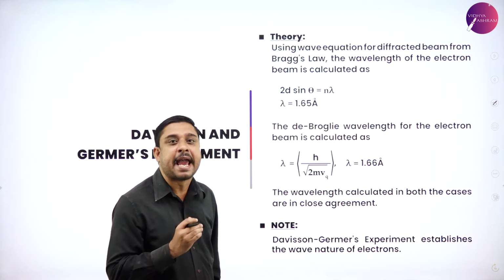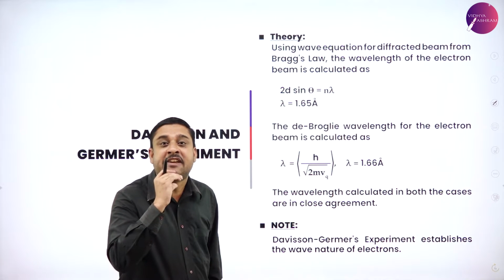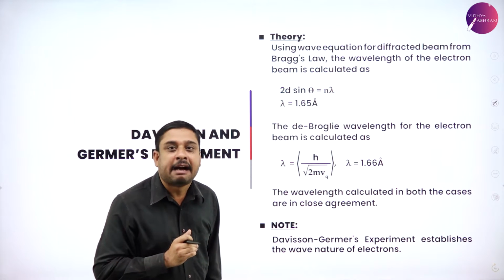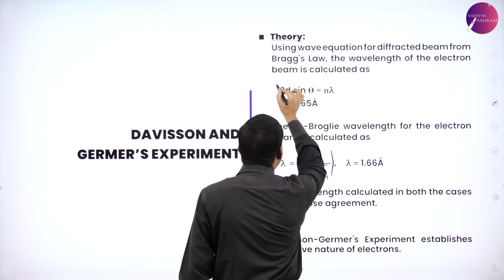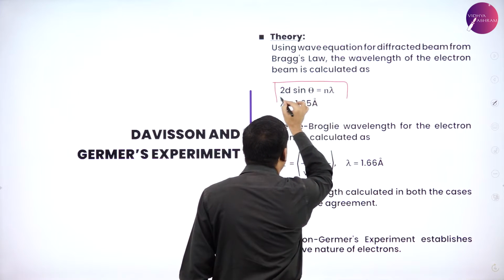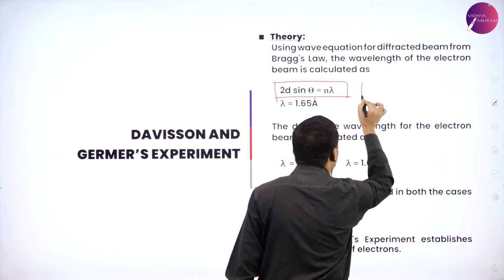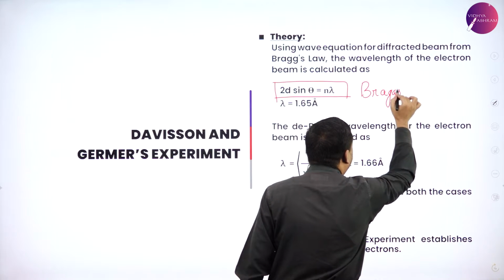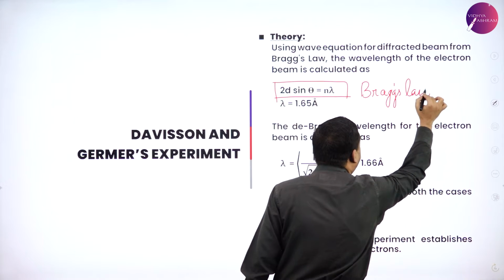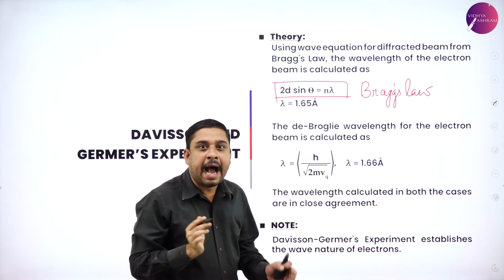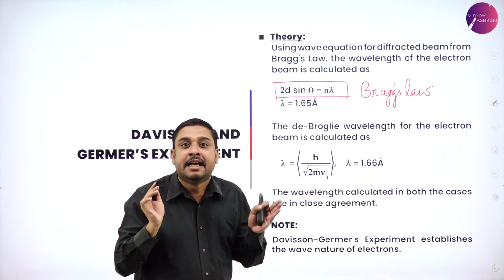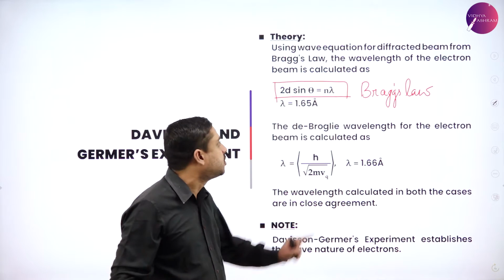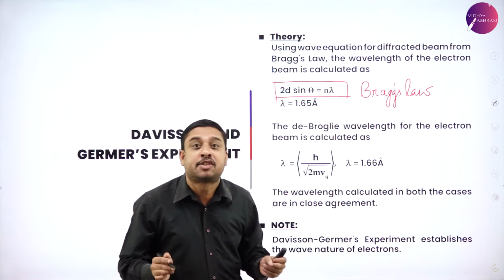Now, since there is diffraction of electrons, I consider the equation 2d sin theta equals n lambda, and this is from Bragg's law. I am calculating the wavelength of the diffracted electrons by using Bragg's law.